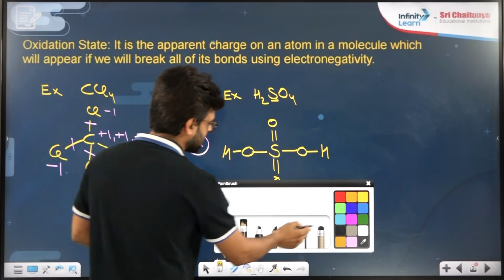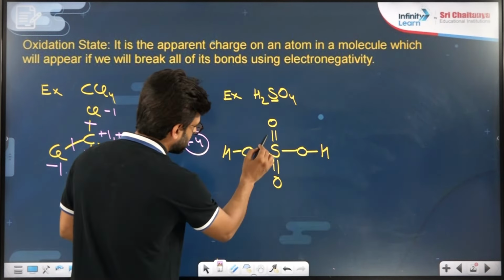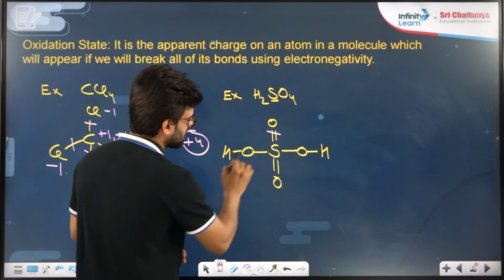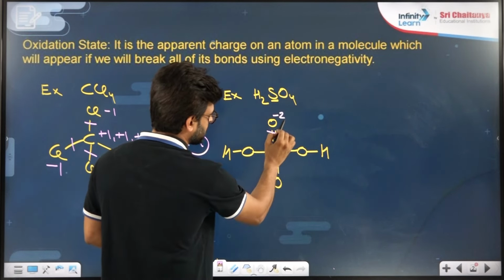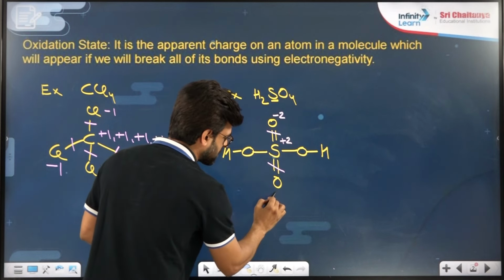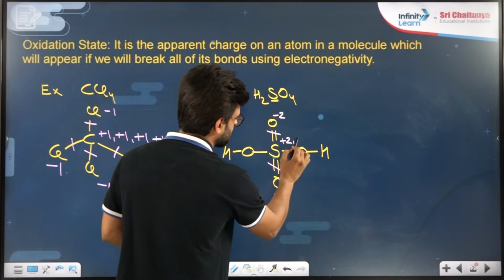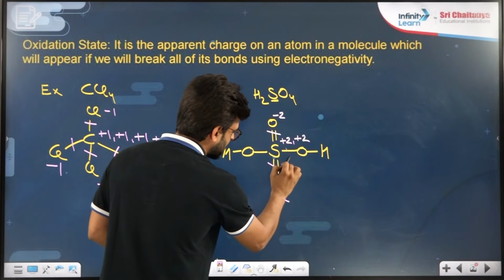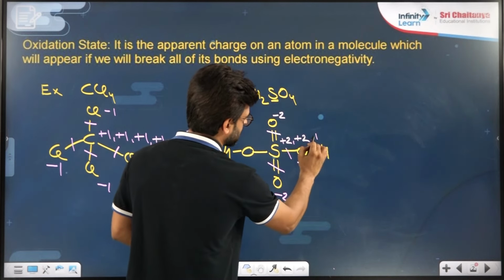If we want to break it, you will see I am breaking this double bond. So oxygen will get which charge? -2, and sulfur will get +2. Here I am breaking two bonds: -2, +2. Here I am breaking one bond: -1, +1.